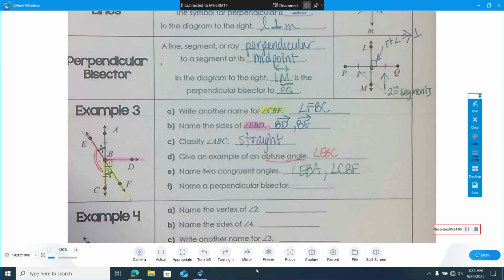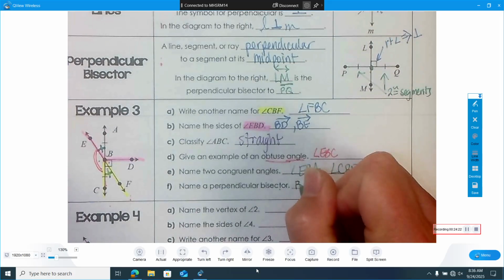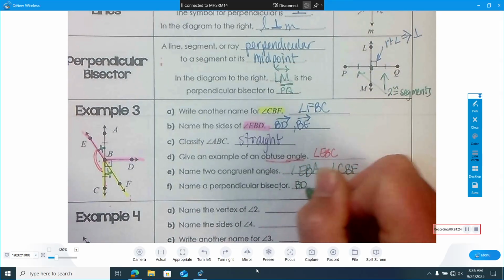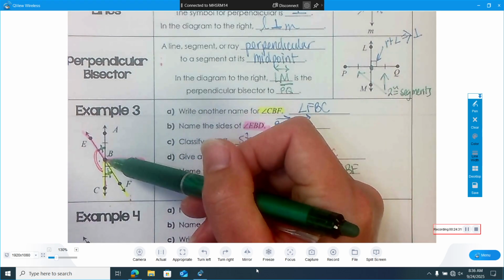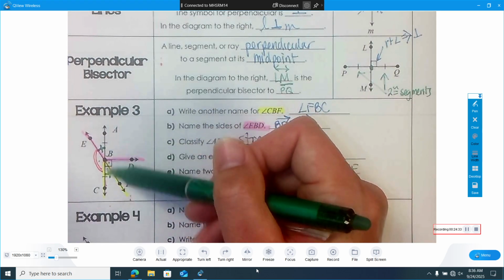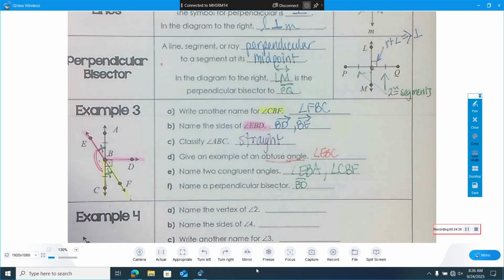Name a perpendicular bisector. BD, yeah. So ray BD, or we could also say segment BD, is bisecting segment AC. How do I know that it's bisecting segment AC?